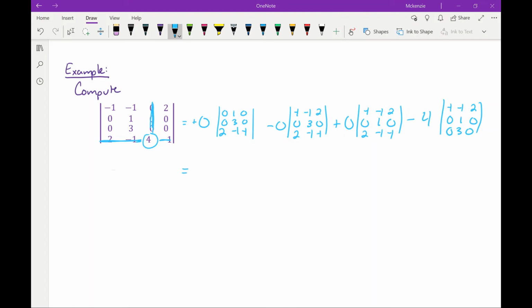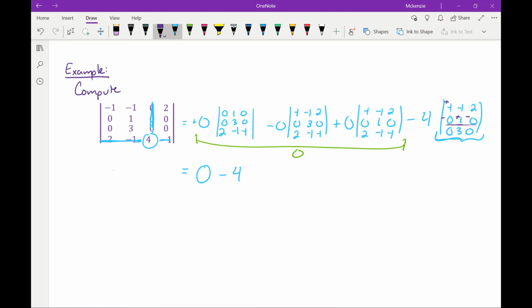So all of this stuff is going to be 0, so that's 0. Really, down here in our computation, we get 0 minus 4, and then this is a 3 by 3, so we're going to continue in our same pattern. Let's go along maybe the second row. We get minus, plus, minus along the second row.